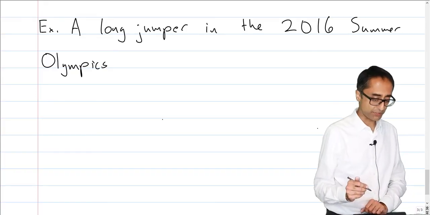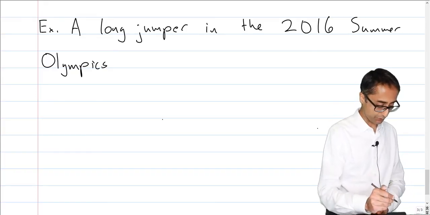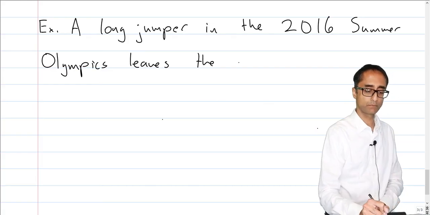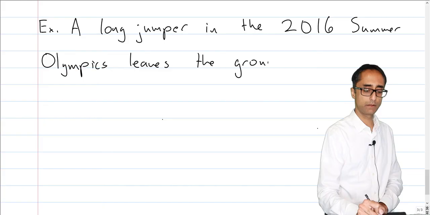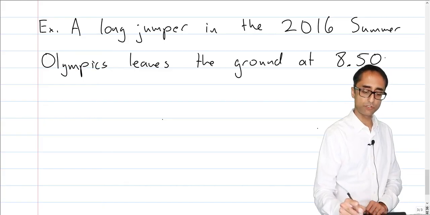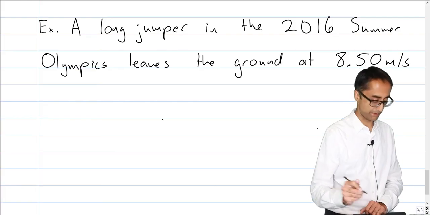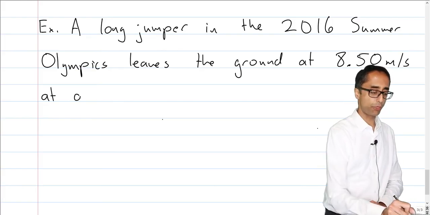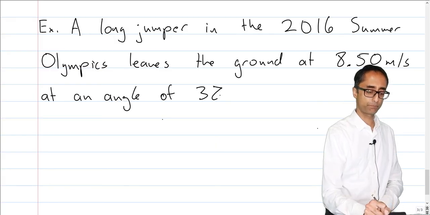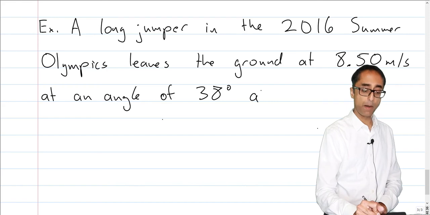So a long jumper in the 2016 Summer Olympics leaves the ground at, let's say, 8.50 meters per second at an angle of 38 degrees above the horizontal.